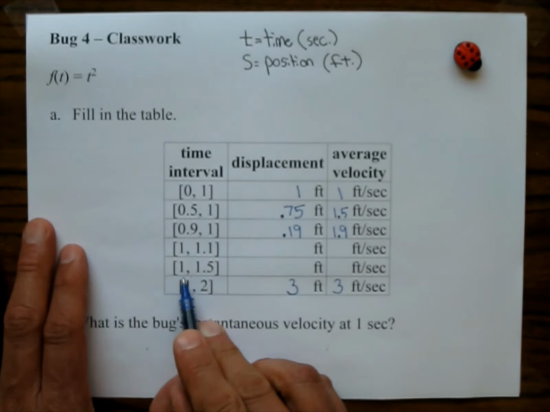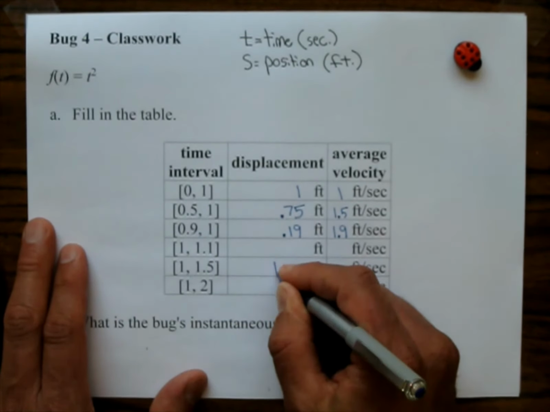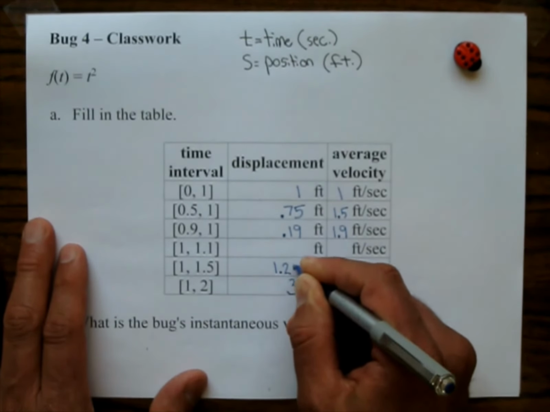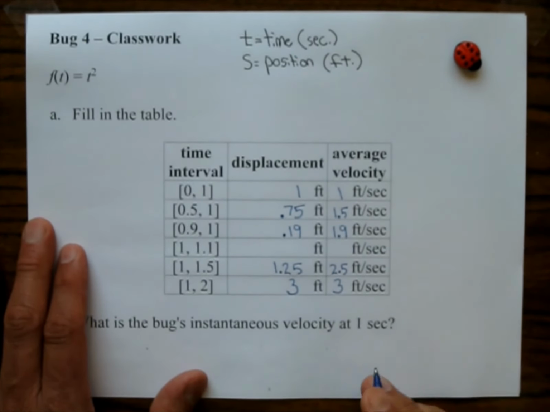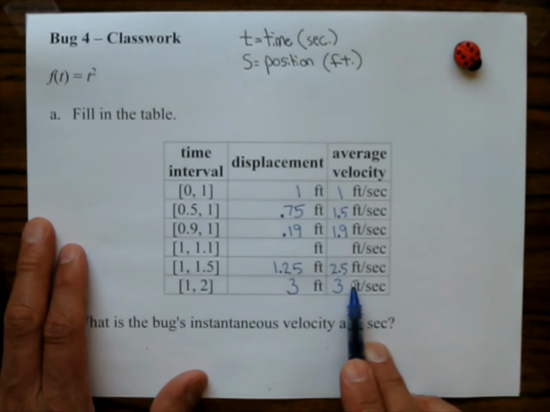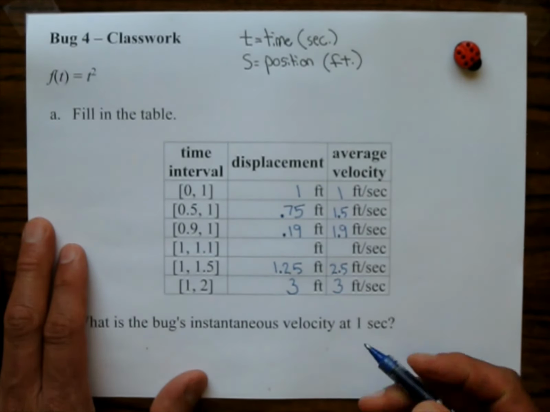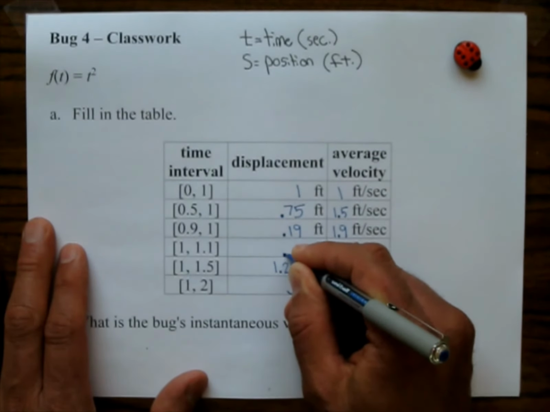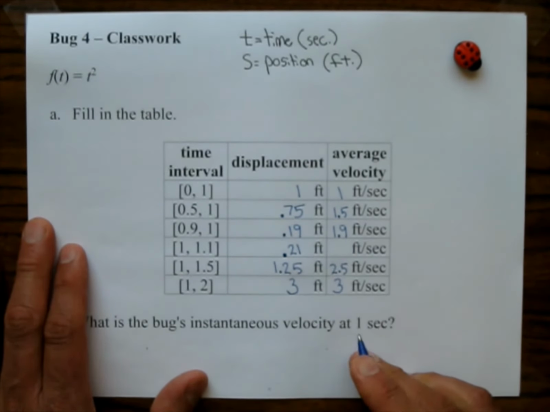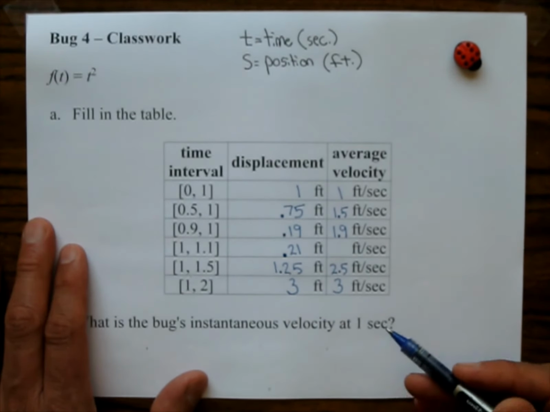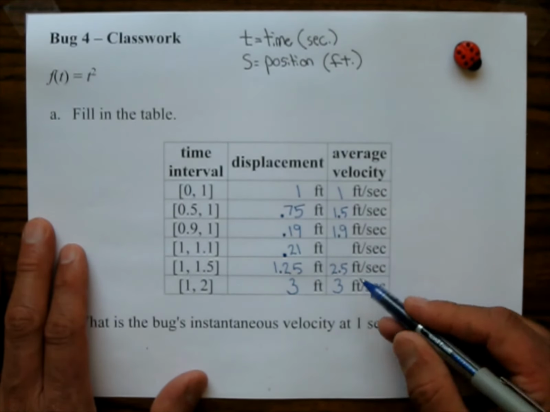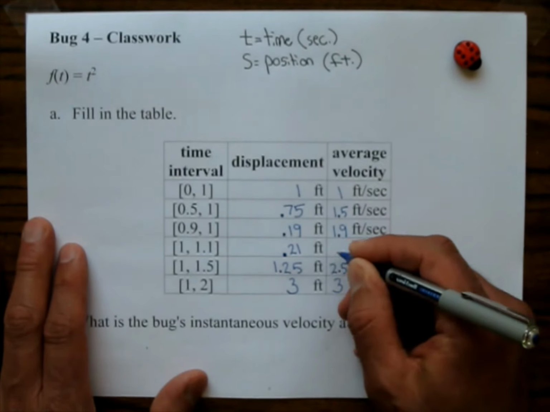We're doing this time interval, 1 to 1.5. I got 1.25 feet for the displacement and 2.5 feet per second for the average velocity. And then 1 to 1.1, I've got 0.21 for the displacement. I used the calculator to get these numbers and did similar calculations to the first two. And then I ended up getting 2.1.